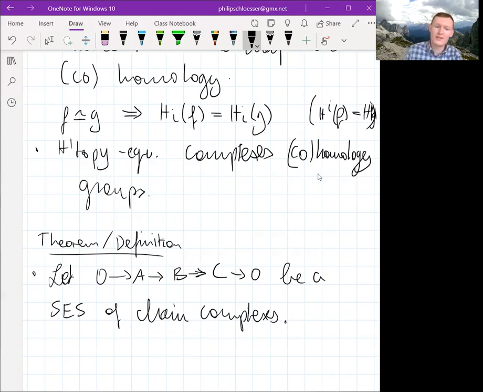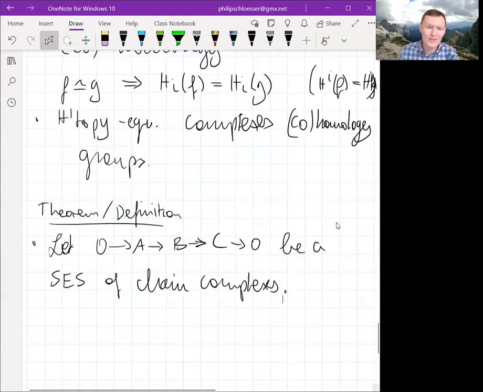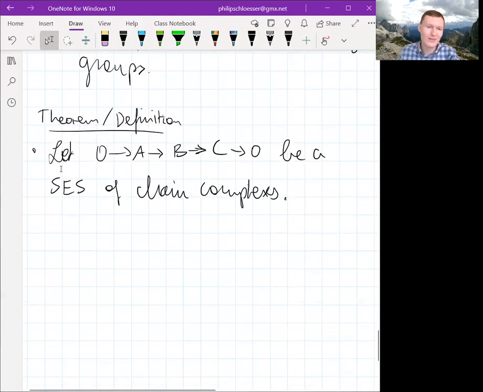Just meaning that we have chain maps between A and B and between B and C, such that on every level it's a short exact sequence. Formally, it's the same because chain complexes and cochain complexes form an abelian category, and in every abelian category you can talk about short exact sequences. Whatever.